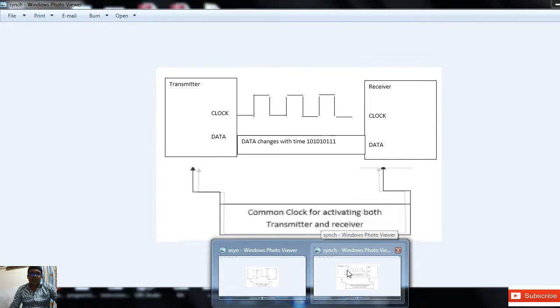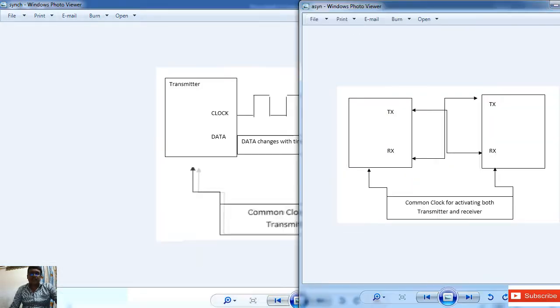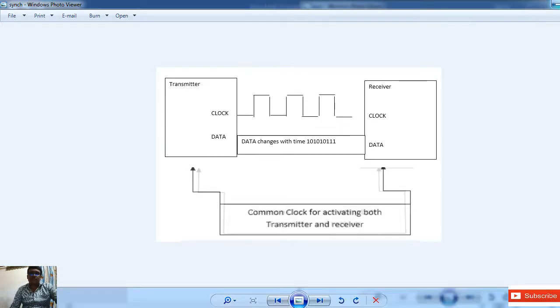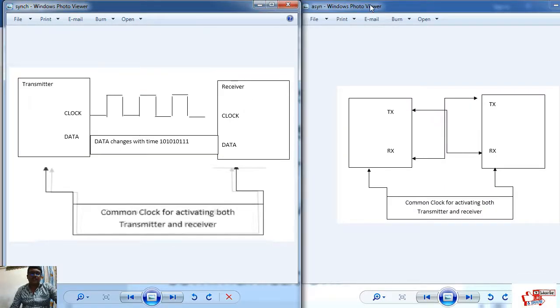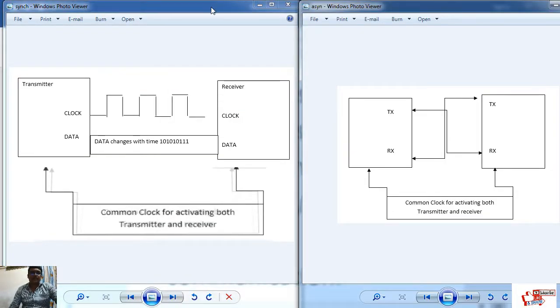Let me tell you the one difference between synchronous and asynchronous. By seeing this figure, you can easily make out the difference. As the basic answer, you would say that the clock is present and the clock is absent. But what you need to define is that in synchronous, data changes with the clock cycles.